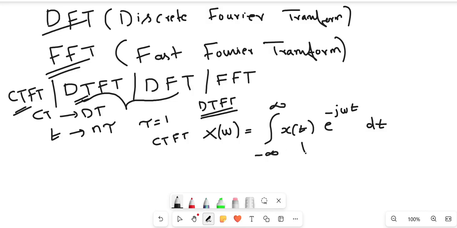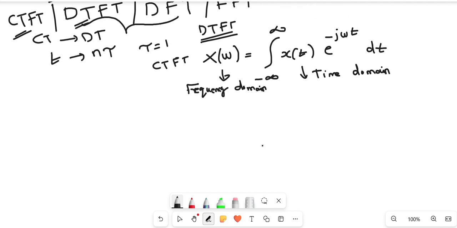So x of t is the time domain signal, and x of omega is the frequency domain signal, by an integral transformation.